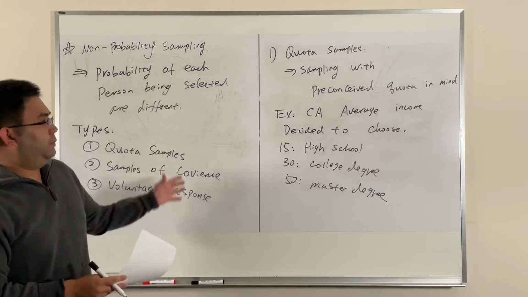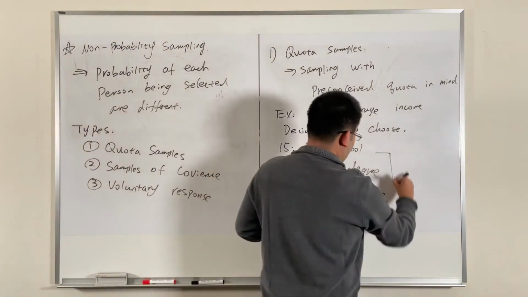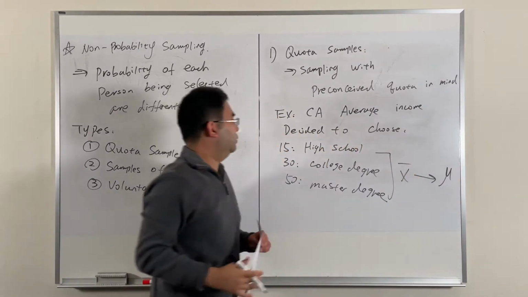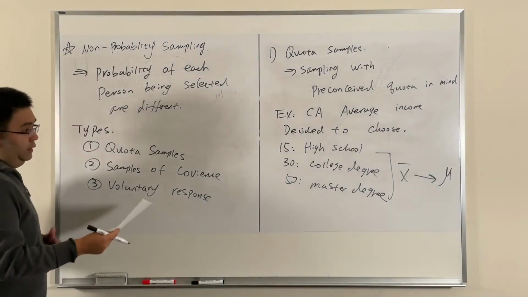Based on these people's income, we're going to get our sample mean, and then we're going to estimate our population mean, which is the California average income.